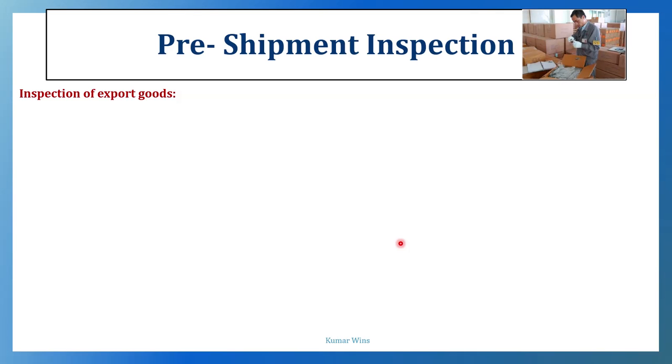Basically, this inspection is done based on the importer's specification, but there are a few cases where safety is involved or health hazard issues are involved, and there is a minimum requirement of maintaining a minimum standard. In those cases, it's mandatory to go for pre-shipment inspection.